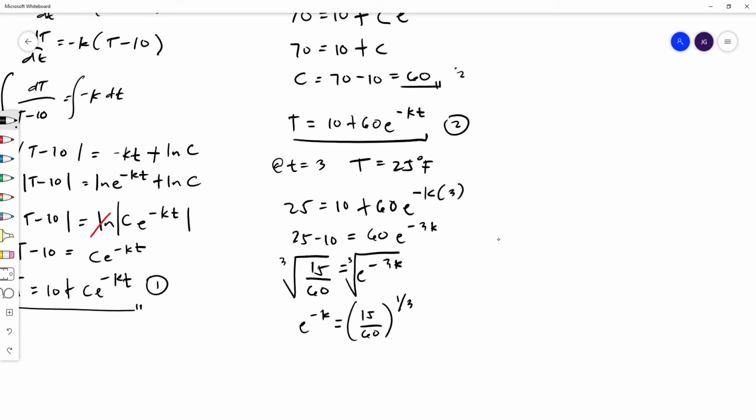Okay, so from here we need to simplify our equation. So we have 15, 60 divided by 15 is 4. So we have 1 over 4 raised to 1/3.